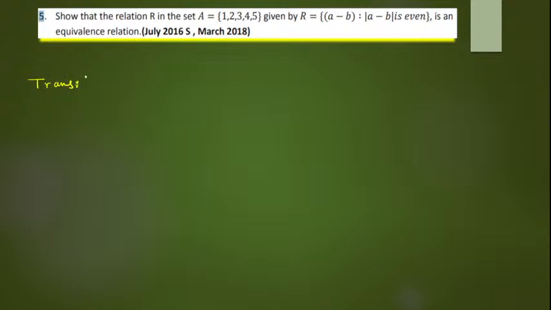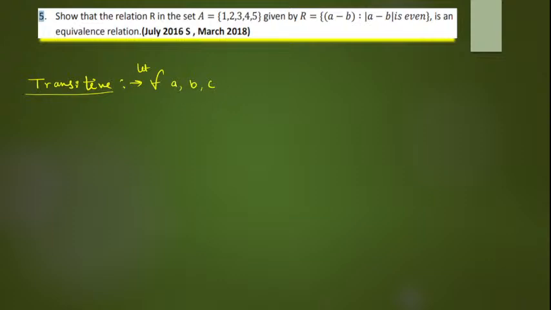Now we'll check the transitive condition. For the transitive condition, let for all a, b and the third one, that is c.